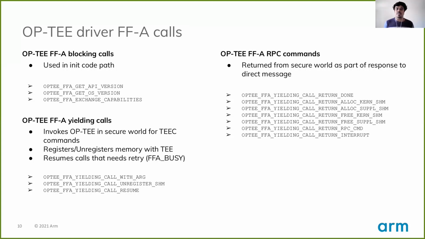Whereas when a yielding call is made to the secure world, a thread is assigned in the OPTEE-OS to run this particular command. It could be either to run a specific T client related API, or it could be to register or unregister a shared memory.